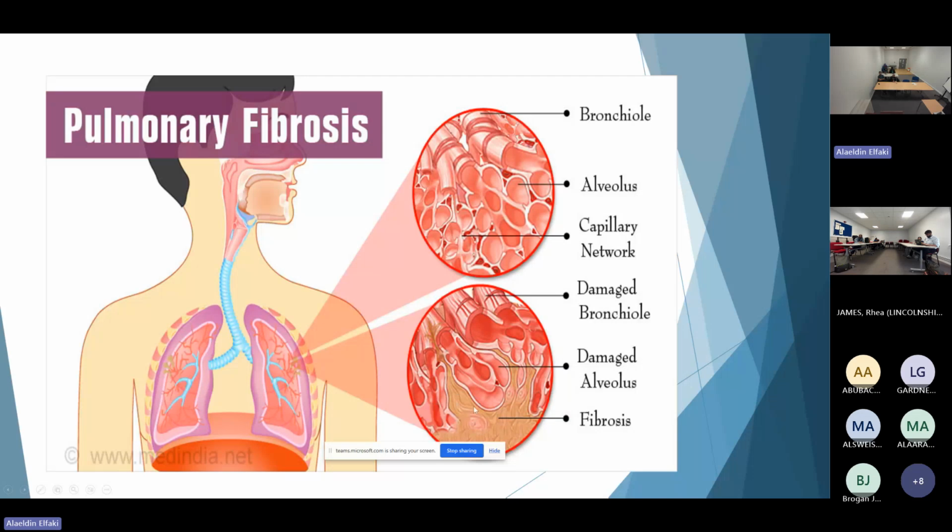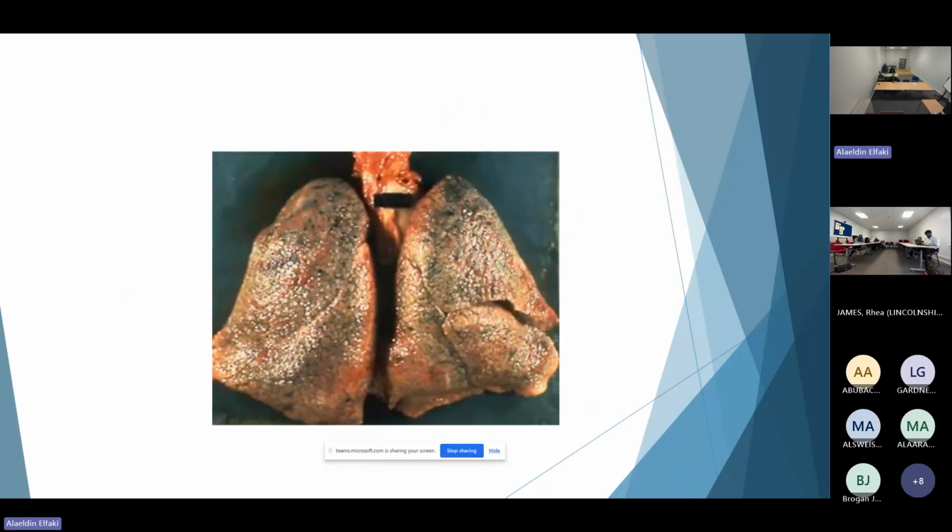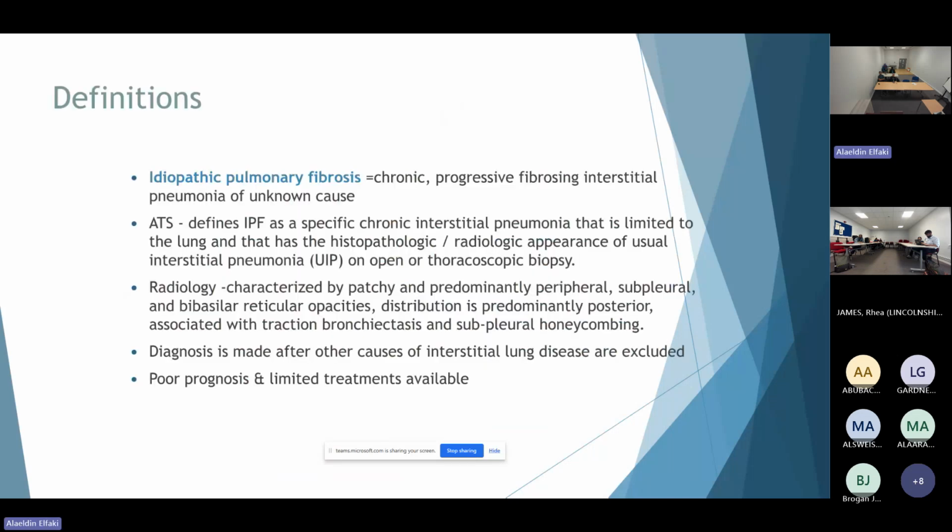And this has been replaced by dense fibrous tissue due to the presence of fibroblasts. This is exactly what happens in pulmonary fibrosis. Just an image of a post-mortem fibrotic lung.